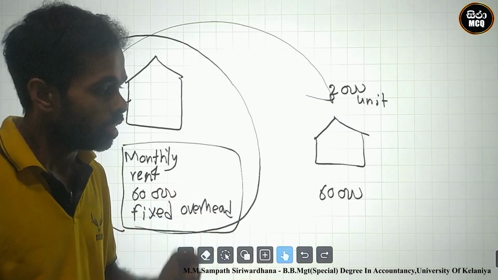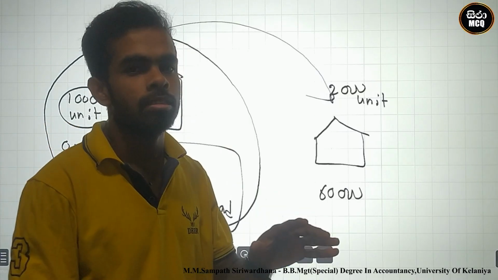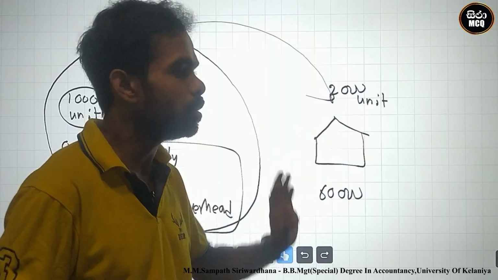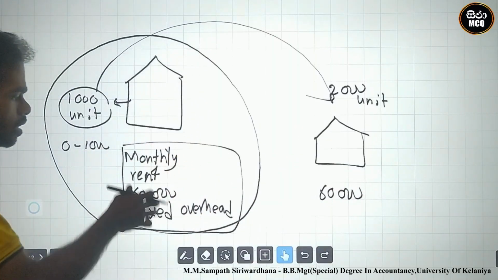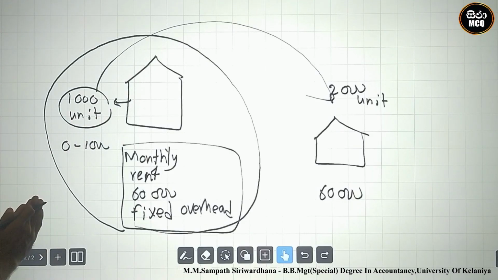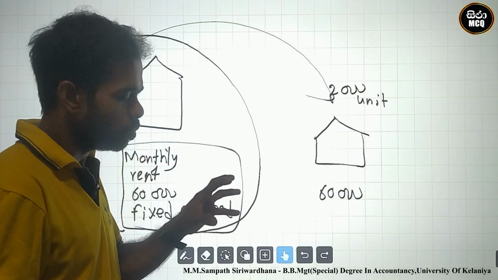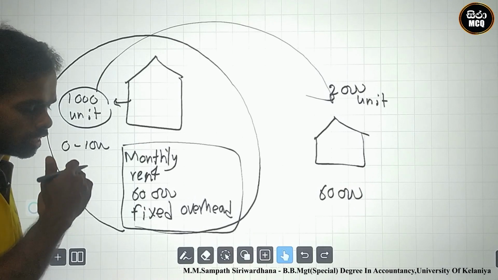After 1000 units, you must pay rent again, because another building must be acquired for that production level. Therefore, within the range of 0 to 1000, within the relevant range, the rent does not change. This is the range.